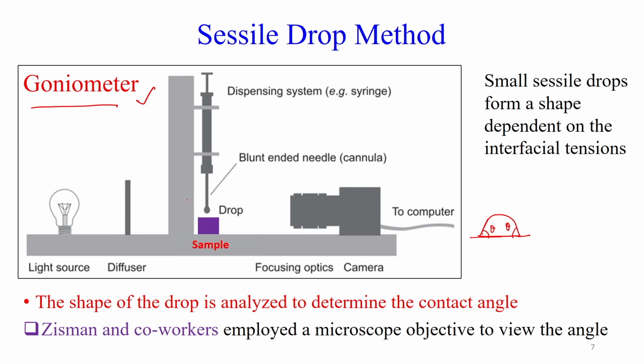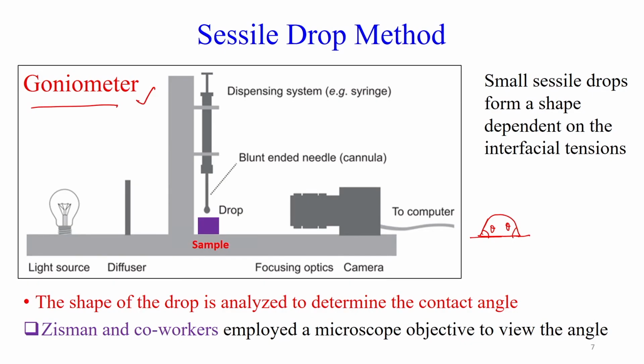As we discussed, the formation of a drop is related to the surface tension, but if there is a bigger drop, there will be interference of gravitational forces as well. So, we typically go with a small sessile drop, which forms a shape that depends on the interfacial tensions.